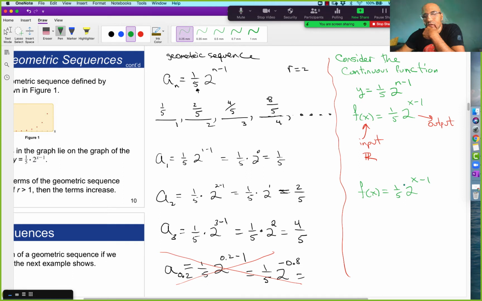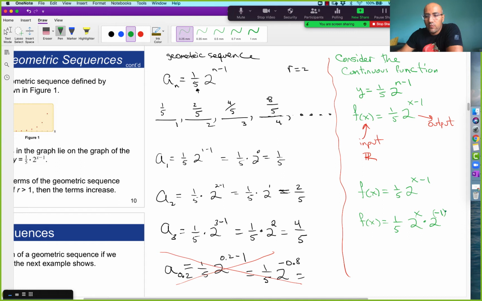So then this thing can be rewritten as f of x equals 1/5 2 to the power of x times 2 to the power of negative 1. Right? Because when we have two exponential numbers with the same base, we add the exponents. So if we added the exponents, we would have this. You can rethink of x minus 1 as x plus negative 1.